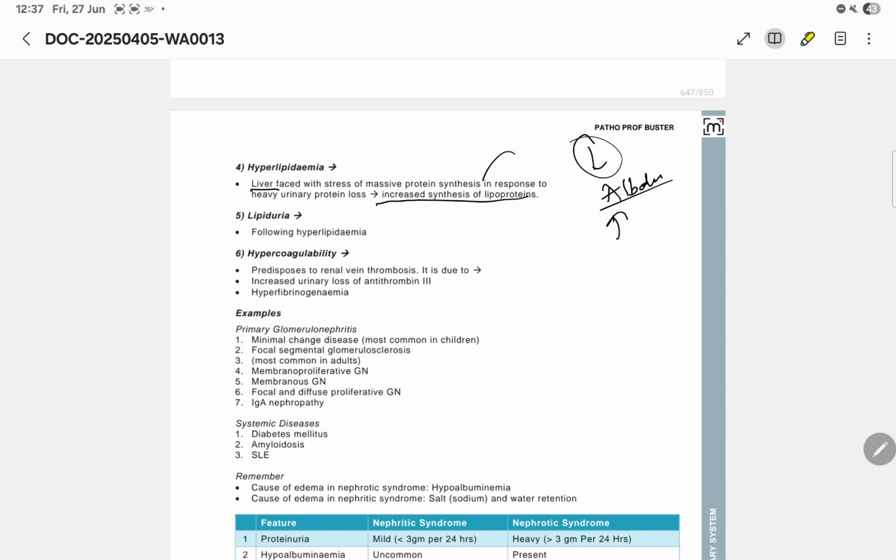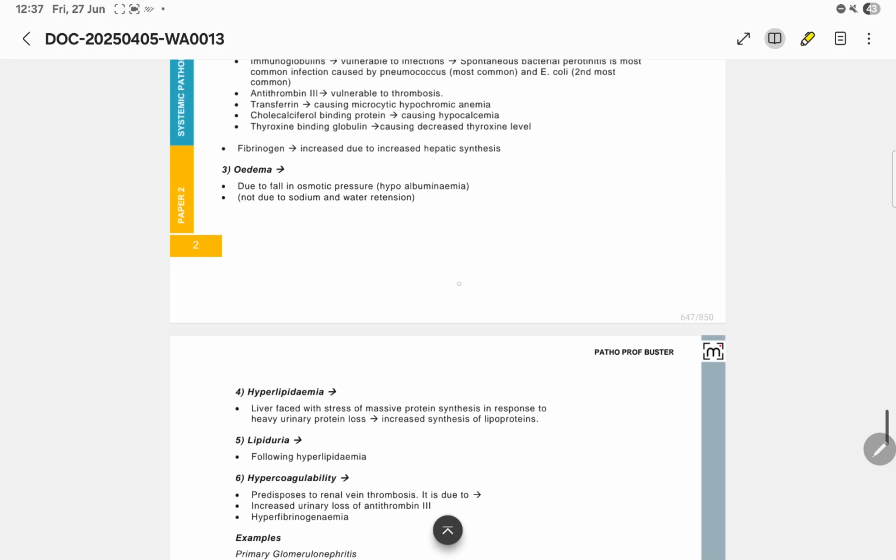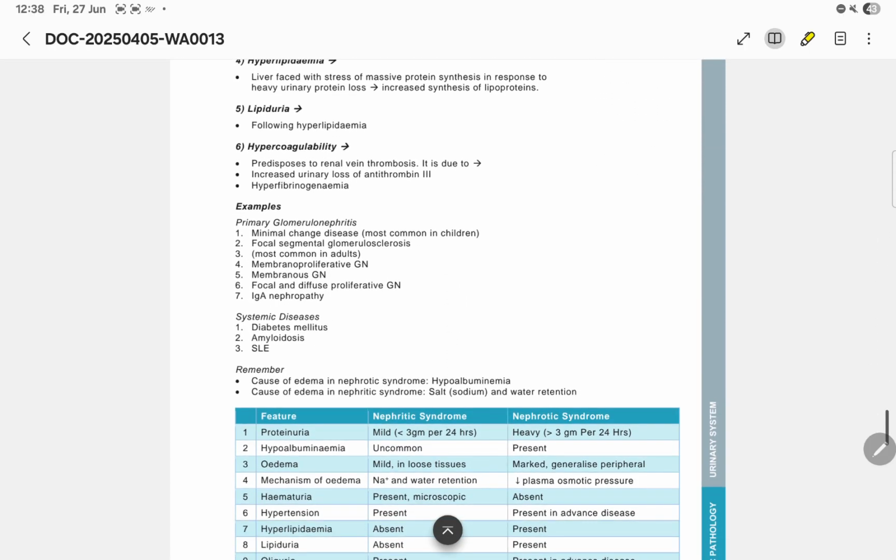As the lipoproteins are increased, the body should excrete them, so there will be hyperlipidemia and hypercoagulability. This is because here we can see increased fibrinogen, increased urinary loss of antithrombin 3 and hyperfibrinogenemia.